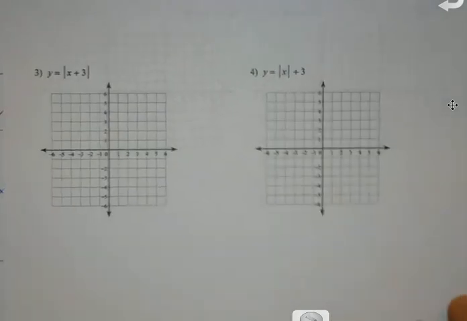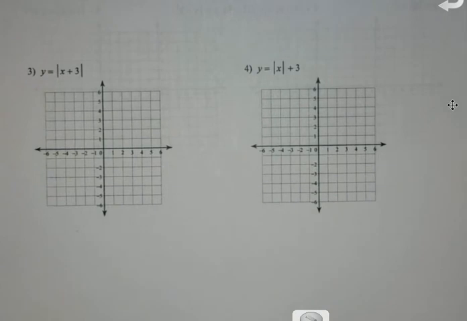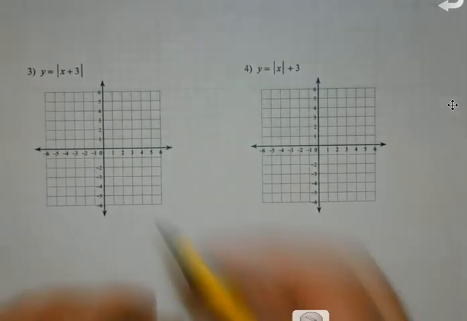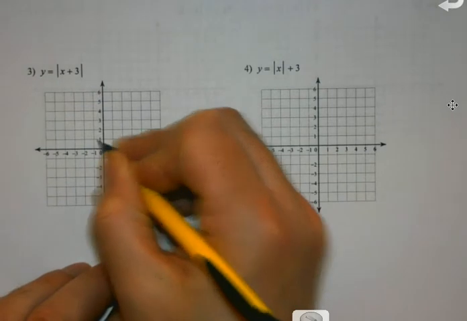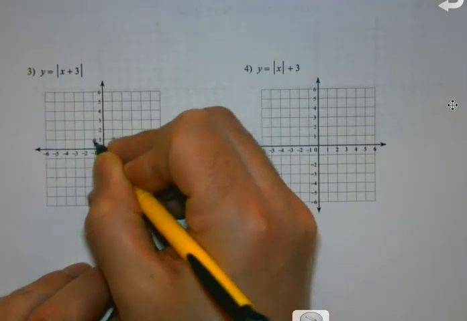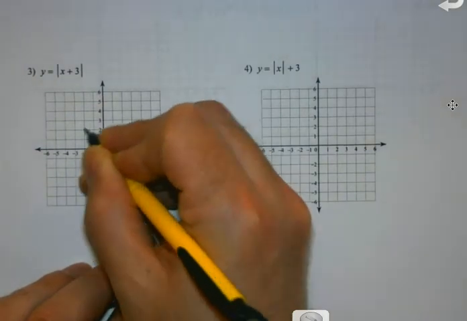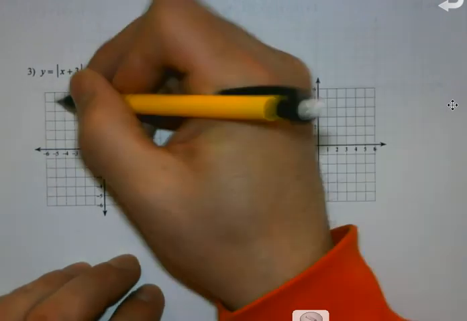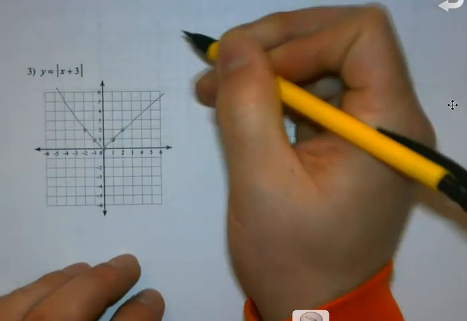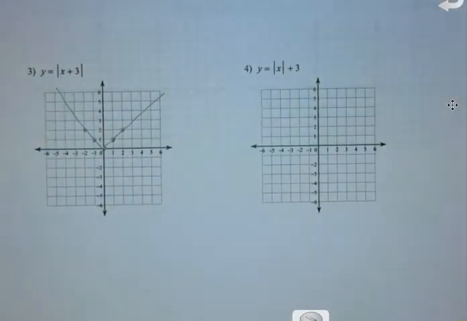Let's start with 3, and then we're going to start building into one where a bunch of stuff's going to happen. I say, okay, I'm going to draw my parent graph first. So 1, 1, 2, 2. Just draw a light line through there. So there's my parent graph.